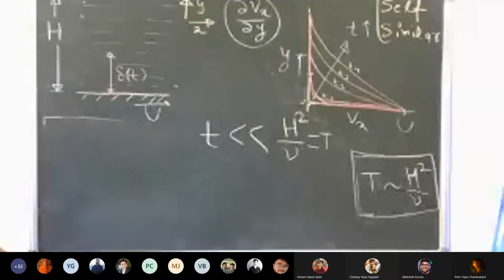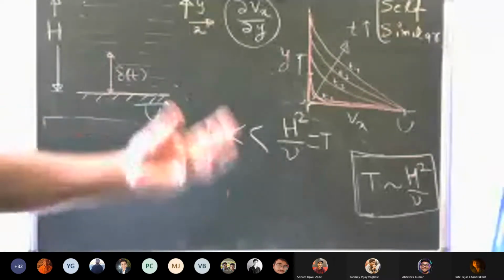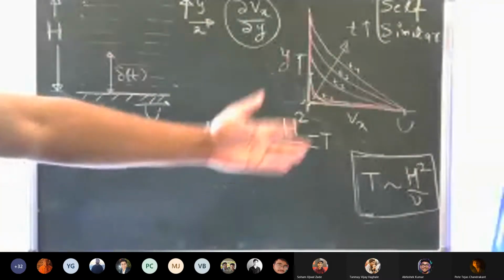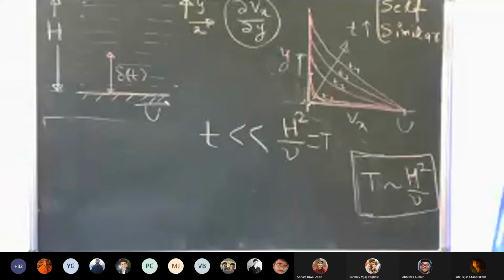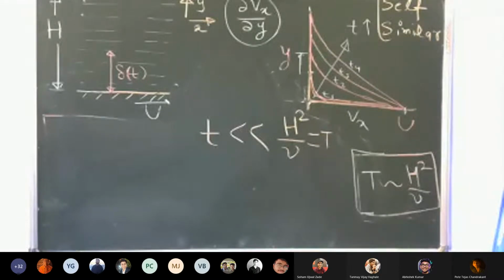If you want to analyze the problem within 1 or 2 minutes, let's say typical value of capital T is 60 minutes, but you want to know the information within 10 minutes. What would you like to take as the characteristic value of y? Any guess, Muskan? Rakshit, any guess? Sir, delta. Delta. Very good.